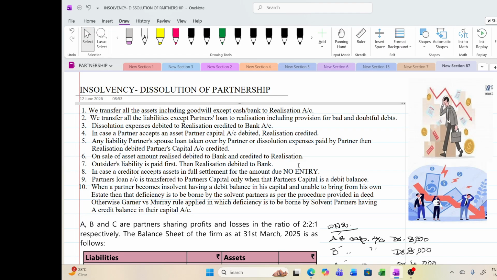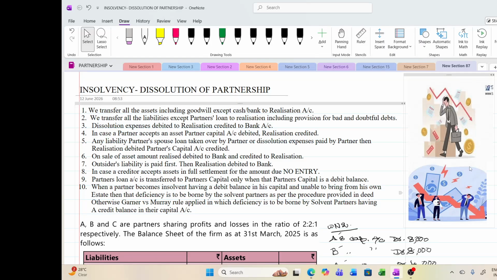Then on sale of an asset, the amount realized will get debited to bank account and credited to realization account. Outsider's liability is paid first, then realization account is debited and bank account is credited.